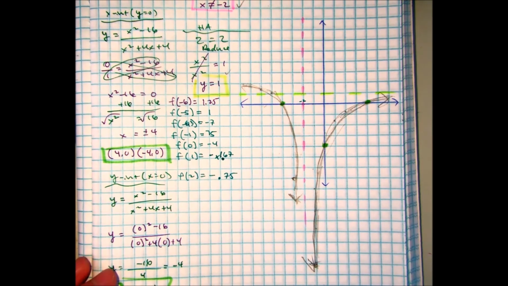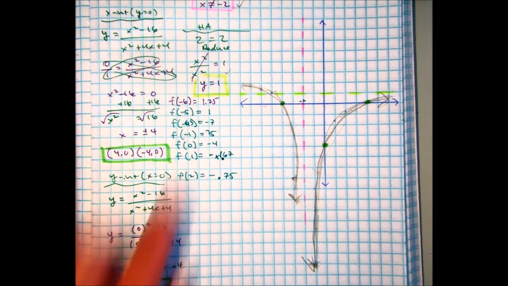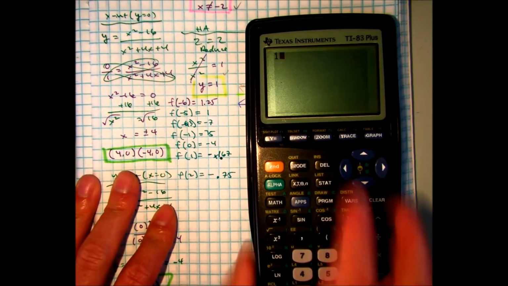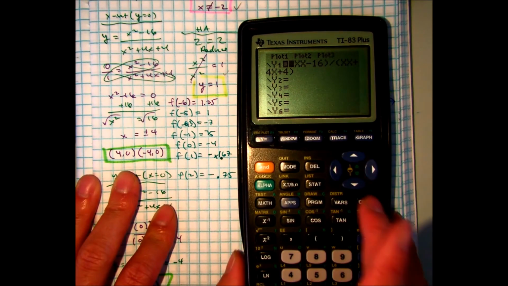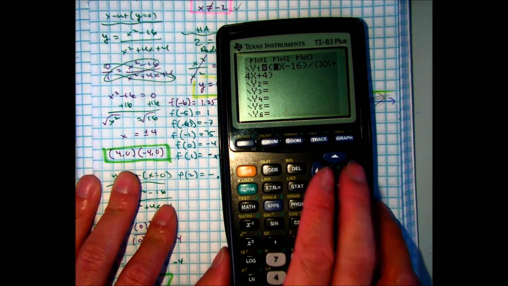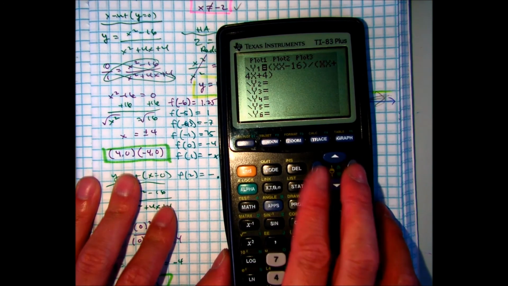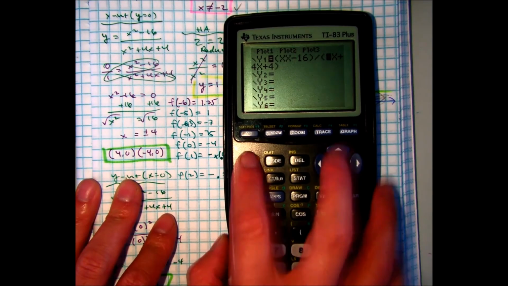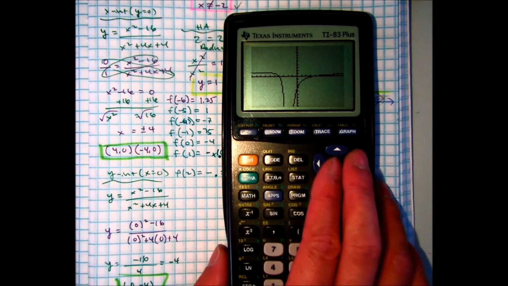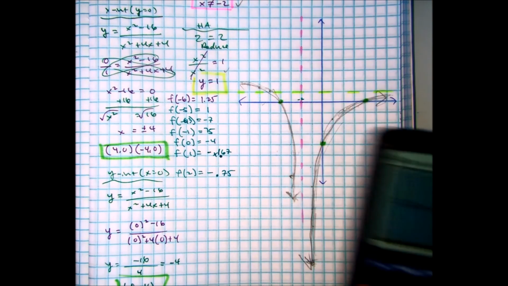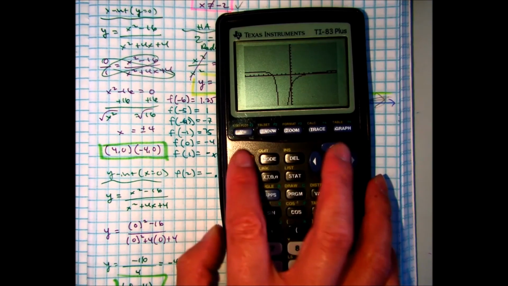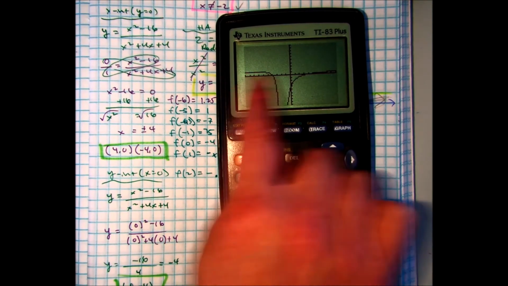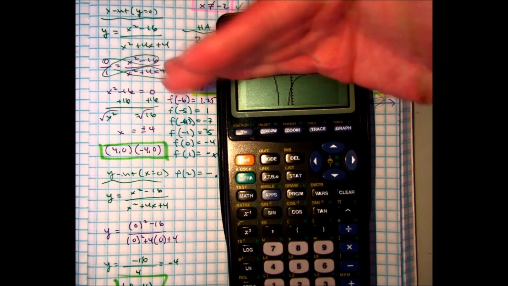Alright, let's double check this one here. X squared minus 16 divided by x squared plus 4x plus 4. And then I want my graph. It looks like it's evening out there.